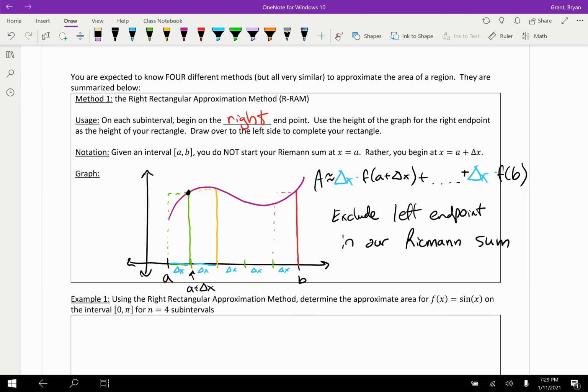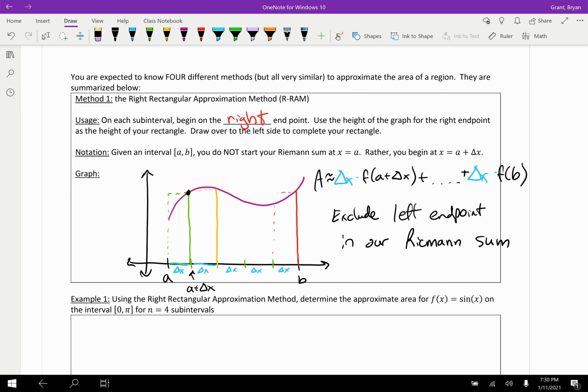So if it says use a Riemann sum to approximate, a Riemann sum is defined as a sum of products, and you must show both. If you do this math in your head and then just show the addition, you will not get full points. You need to show the bases and the heights.